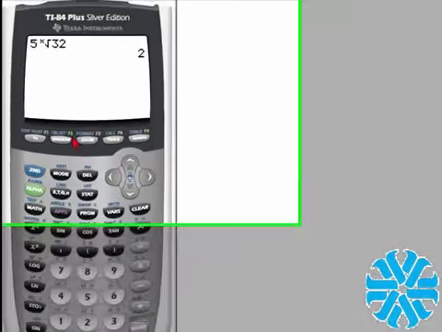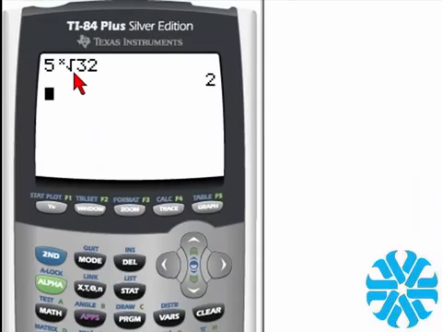Now one thing I want you to notice here is there is no left-hand parenthesis that was automatically put in like it did when we used the square root or the cube root options. For some reason the nth root button leaves off the left-hand parenthesis. So this is going to be important if you recall what the left-hand parenthesis did in the previous examples.